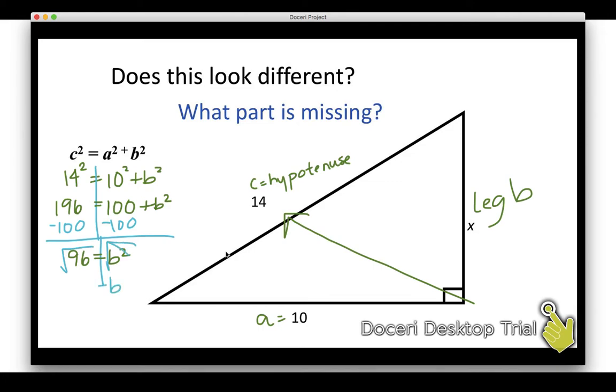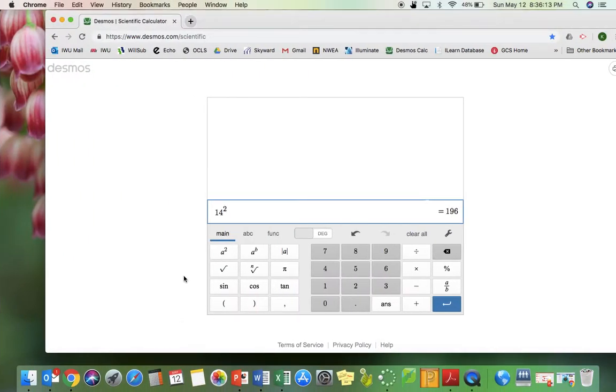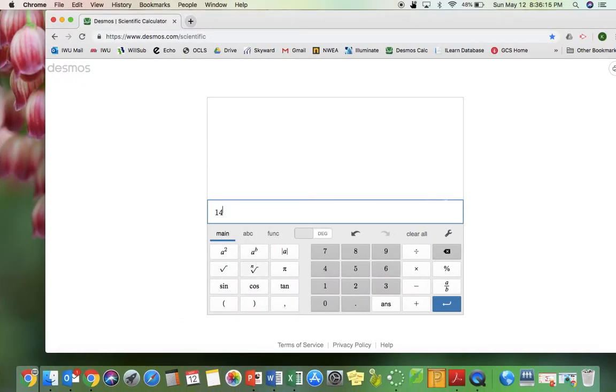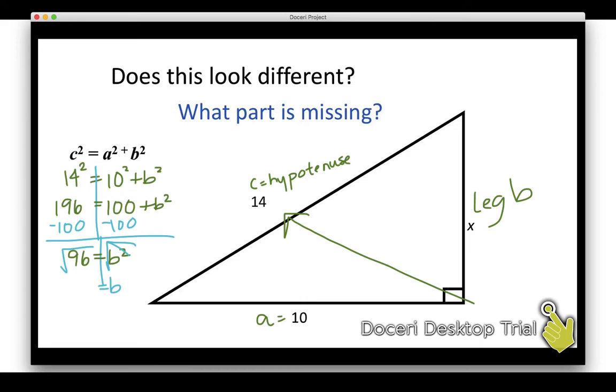So I have B is equal to the square root of 96, which is approximately 9.8. Okay? If you notice, 9.8 is less than 14, and 14 is the hypotenuse, so it needs to be the longest side. So that works.